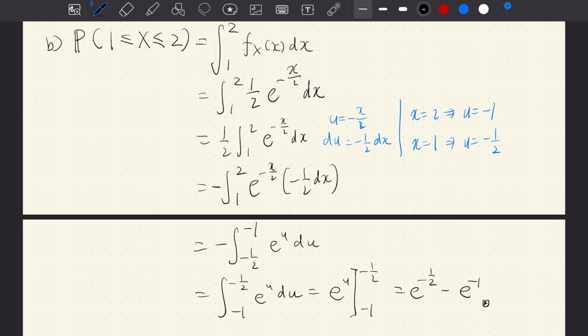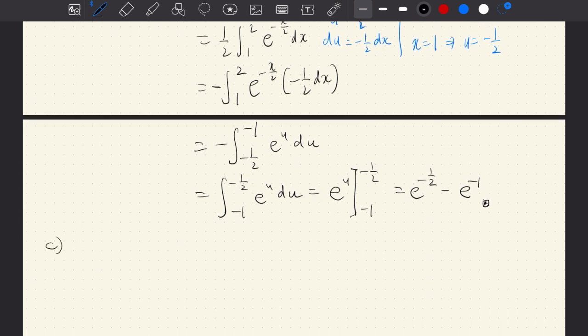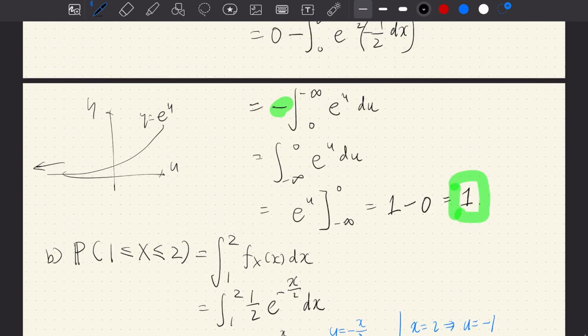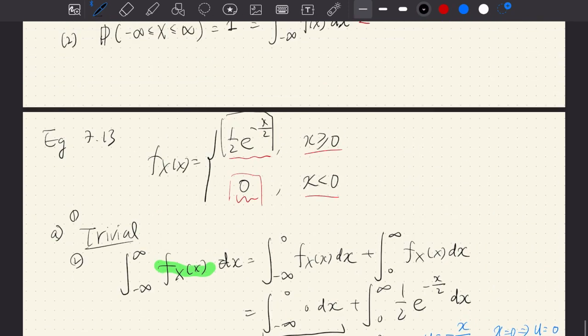Okay, so now let's look at C. And for C, we're trying to find the probability of a customer waiting less than 1 minute. Okay, so based on this probability density function, we know that as x is less than 0, f of x is 0. This implies that it is not possible for x to be negative, which matches our intuition, because you cannot wait like negative 1 minute, right?